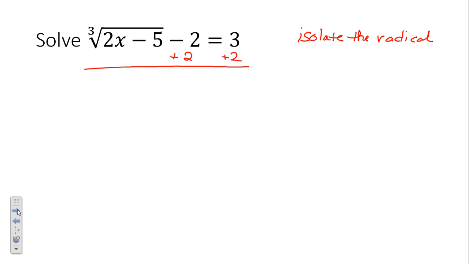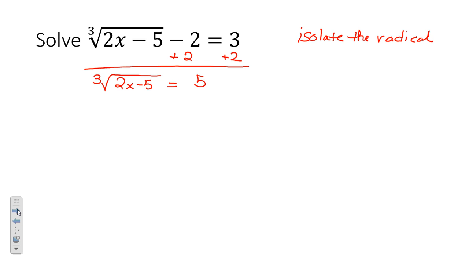Okay. When we do that, what do we get, Drake? Good. The left side is the same, and we just get 5 on the right side. Okay. What's the next step, Dawson? Good. We would cube both sides.